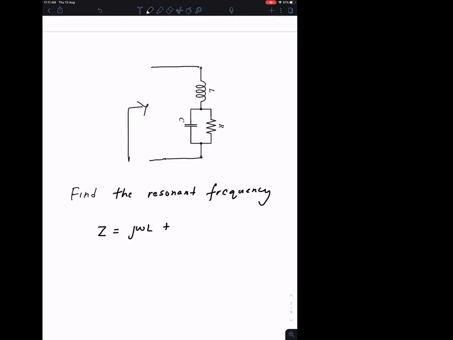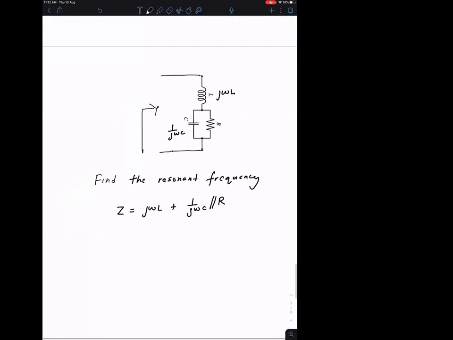This is ZL, the j omega L, and this is 1 over j omega C. The j omega L is in series with the parallel combination of the capacitance and resistance.